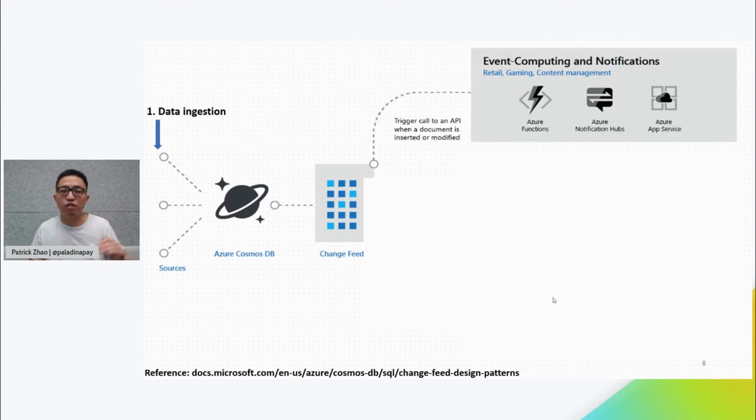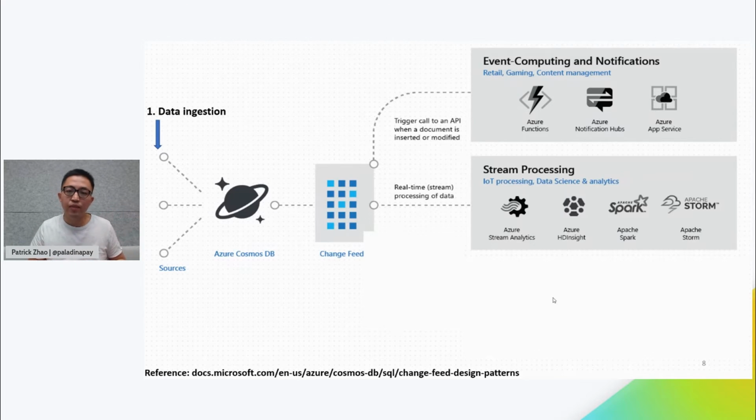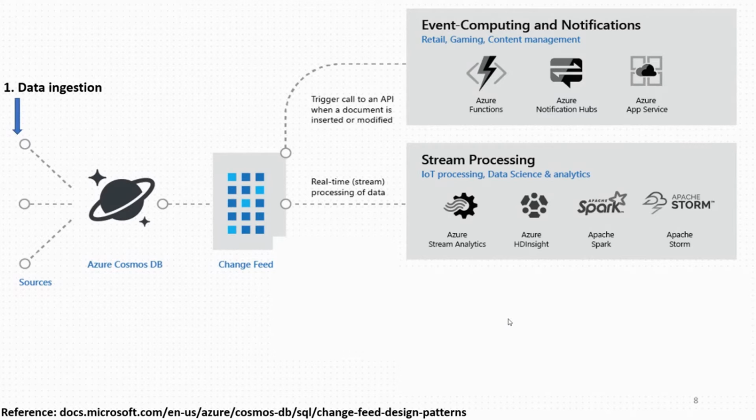The first thing we can do is trigger an additional call to an external API. This includes SignalR service, so that we can react to the change on the Cosmos DB container, or we can use Azure Cosmos DB as an intermediate store in your entire data journey.